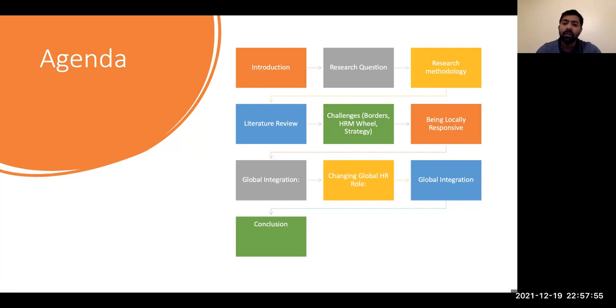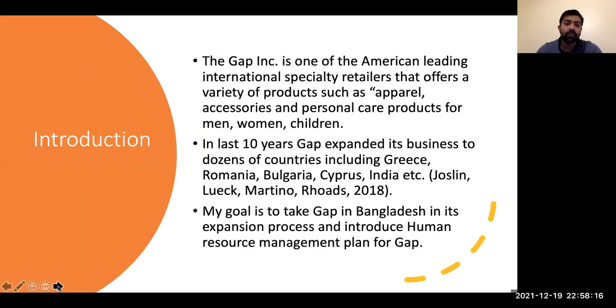Those are part of the research, and being locally responsive, like how the company is going to expand their business in Bangladesh. Global integration, challenging global HR roles, global integration, and the conclusion. So we'll go ahead with the next slide, introduction.